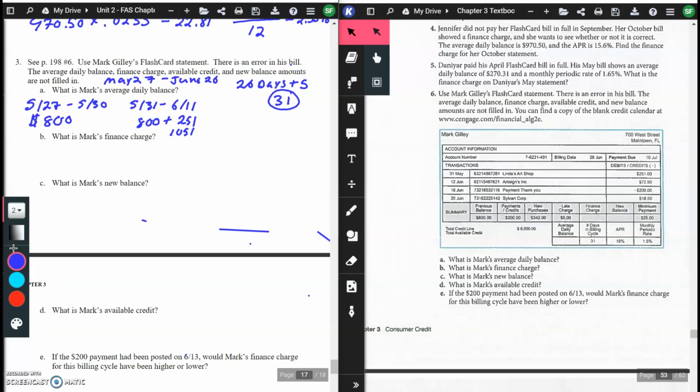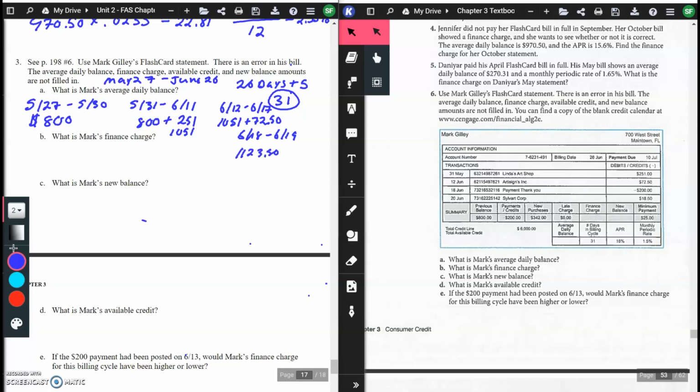Okay, then from 6/12 to 6/17, we had $1051 from the previous plus $72.50. And then to close it out, we had 6/18 to 6/19. We had $1123.50.